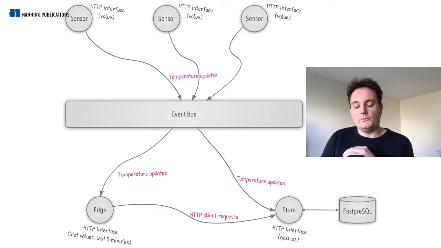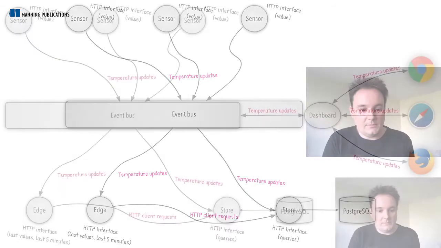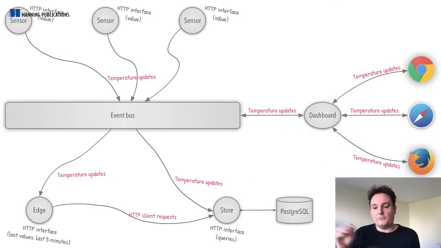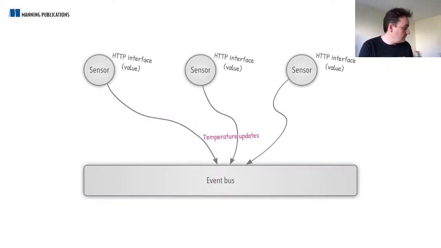So it's going to look for updates and maybe sometimes query the store services. And the last step, we'll have some kind of dashboard, which is a web application, and it will receive live events from the whole system. So we'll have a live interface, and I will show you how to do it nicely with Vertex. So if it sounds good, let's start with this, which is making sensors.